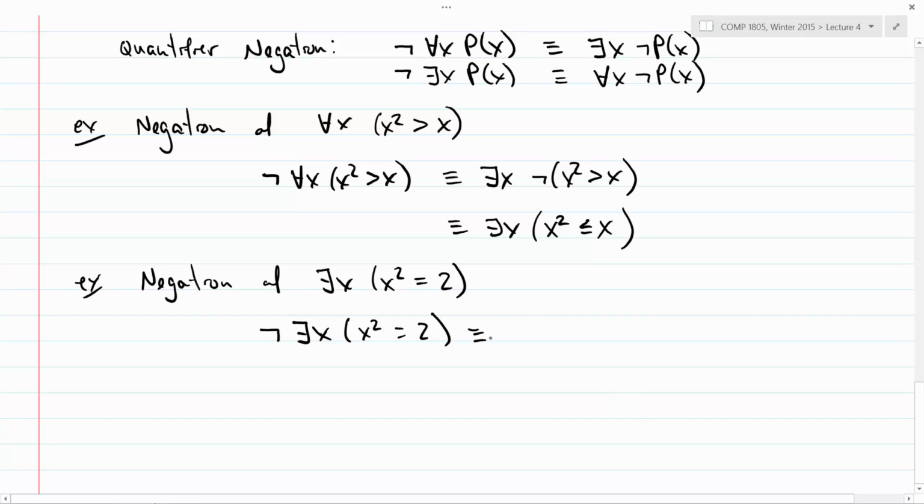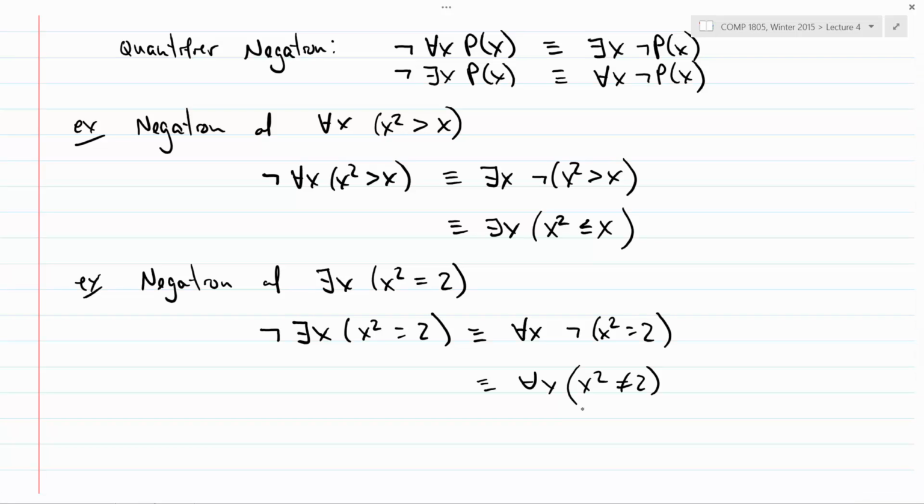What would that be? Right, so if we do that symbolically, we get for all x, it is not the case that x squared equals 2, which is really just for all x, x squared does not equal 2. Right, the negation of equals is does not equal. All right, so that's how you would solve those two.